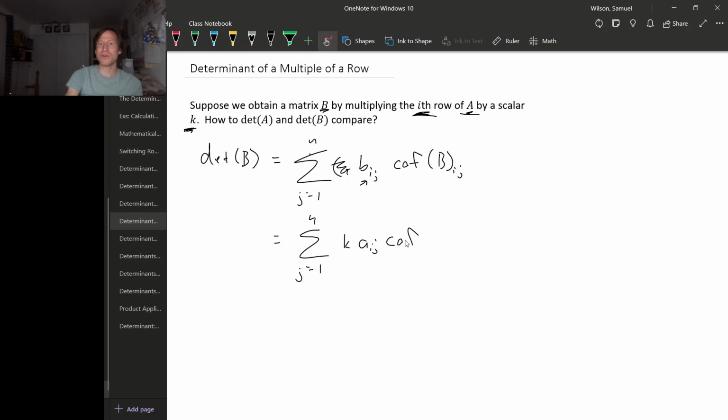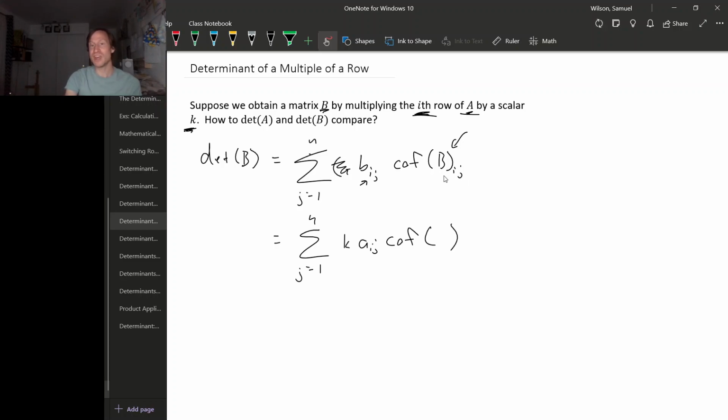And then what about the cofactor? Well, all of the entries that make up the determinant hiding inside of this cofactor are away from row i. Away from row i, A and B are exactly the same.